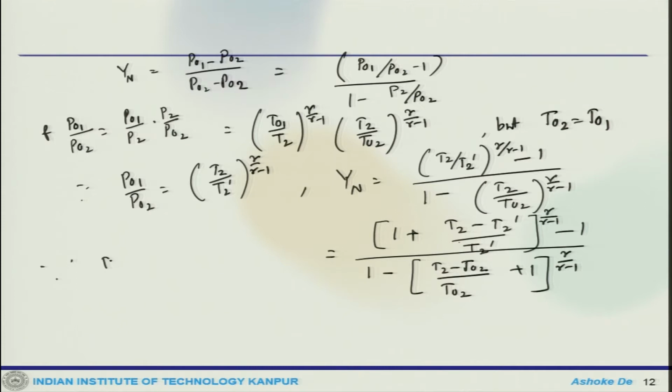Now, one can give an argument that T 2 minus T 2 prime is smaller than T 2 prime, and T 2 minus T naught 2 is smaller than T naught 2.